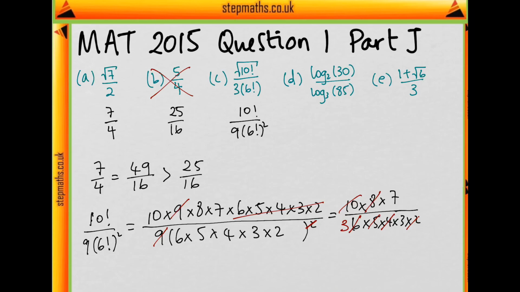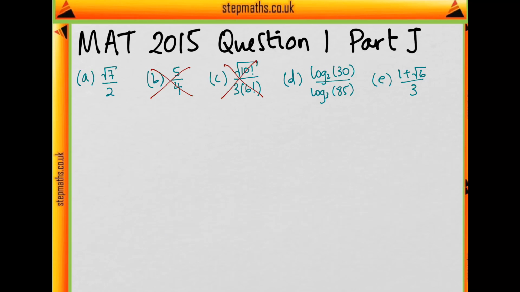So now I have 7 on the top, and 3 times 3 is 9 on the bottom. Now 7 over 9 is less than 7 over 4, so C is less than A, so this cannot be the largest either.